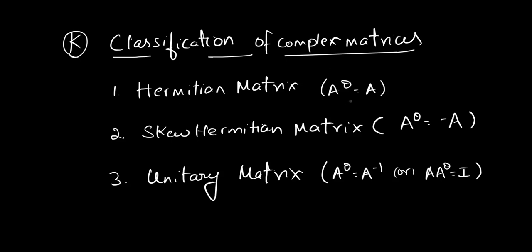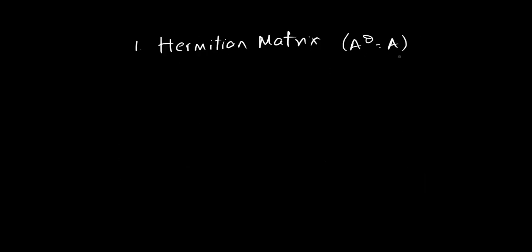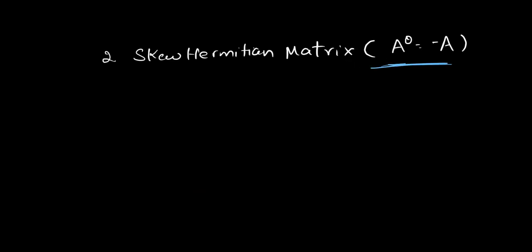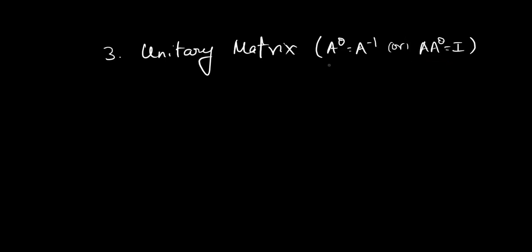The first one is the Hermitian matrix, where A theta is equal to A. Then skew-Hermitian, and as I already told you, for skew we remember the ice, so there will be a negative here: A theta is equal to minus A. And finally the unitary matrix, where A theta is equal to A inverse, or A into A theta is equal to I. This is very important because complex matrices can be classified this way, and there is a relation between A theta and A.